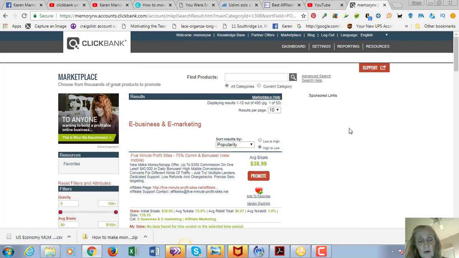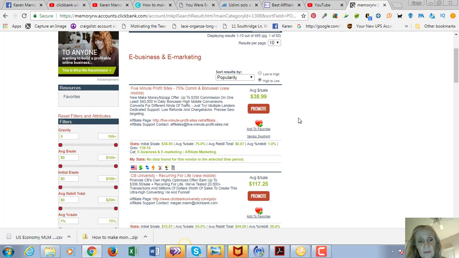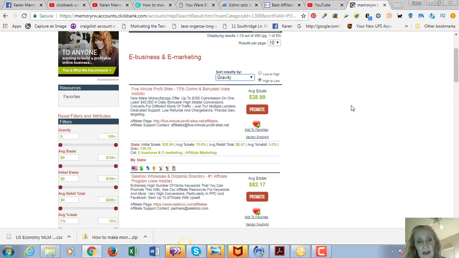And you're going to see up here at the right, at the top, you can sort results by popularity. But what I like to do is come down here and click on gravity. And what we're looking for is right here where it says gravity. This top one here is 139.18. You want to pick something that's over 50, I believe, is a good number.